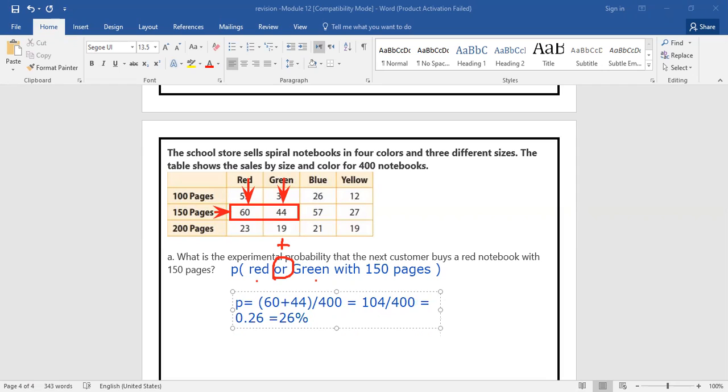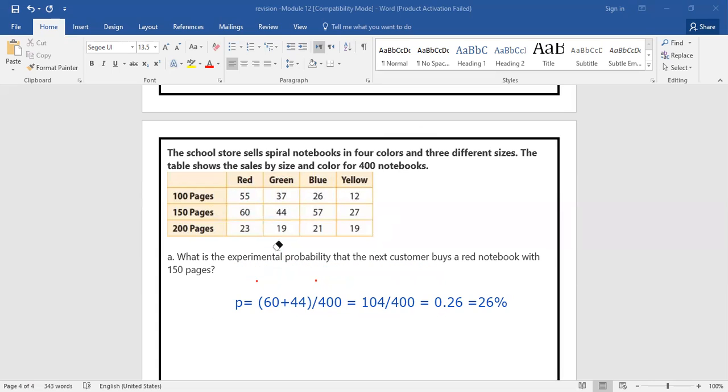Amazing. Very good. Any questions so far about this part? Did you understand how we can calculate an experimental probability when we have a table? Who can tell me a summary of the steps we can use to calculate the experimental probability with different categories like this?